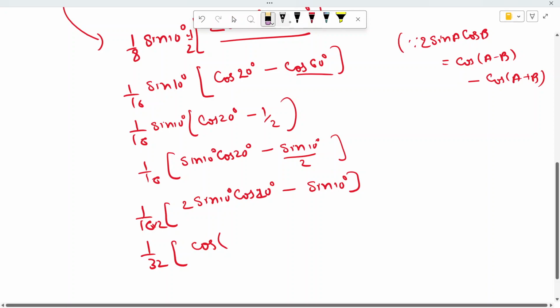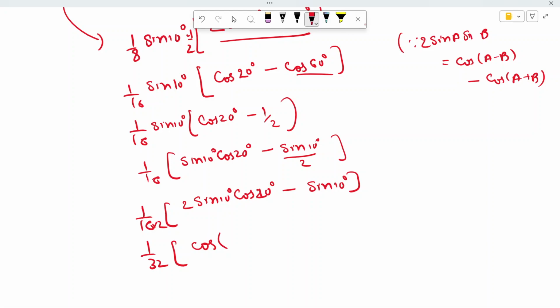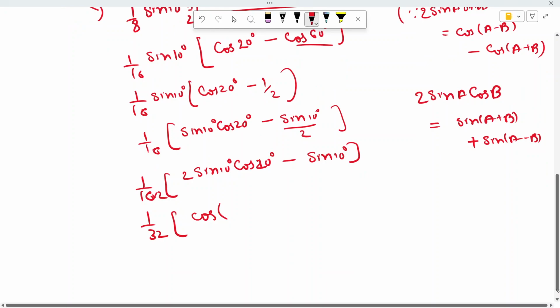Sorry, this formula is for sin a cos b. Here we have given 2 sin a cos b. So this is equivalent to sin(a plus b) plus sin(a minus b). So you can use this formula here.